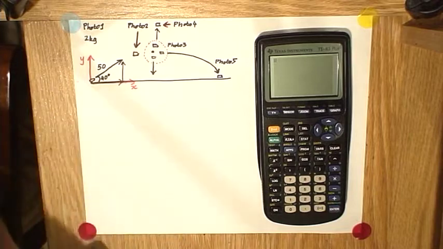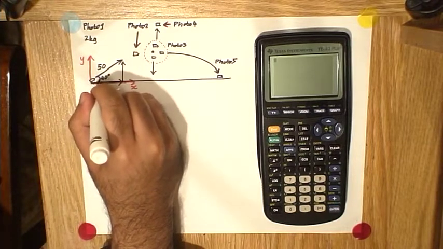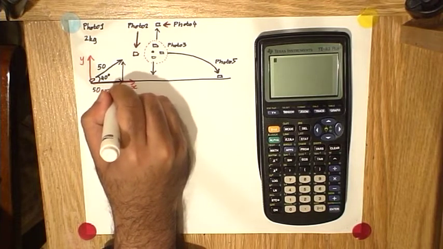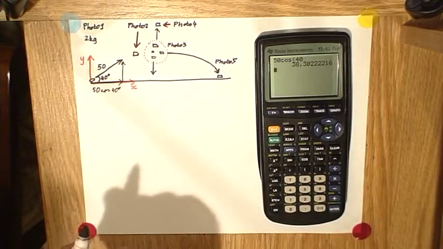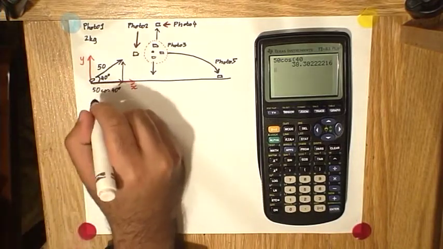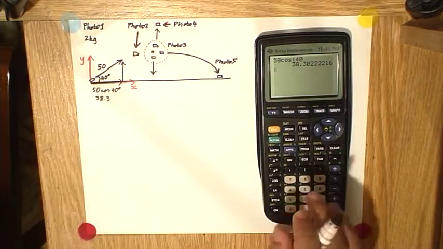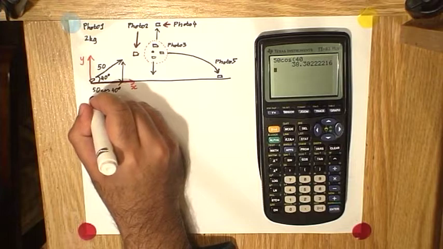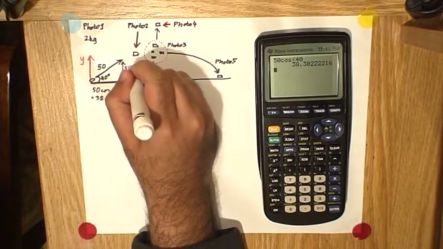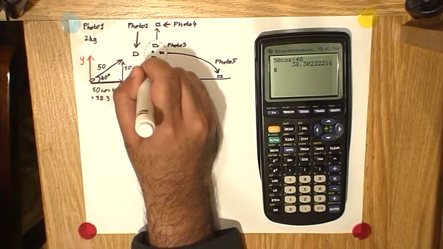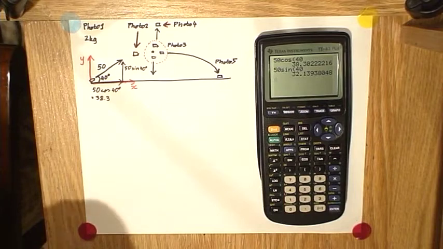This horizontal component is going to be 50 cos 40 degrees, which is 38.3 meters per second. Meanwhile, this side over here is going to be 50 sine 40 degrees, which is 32.14.